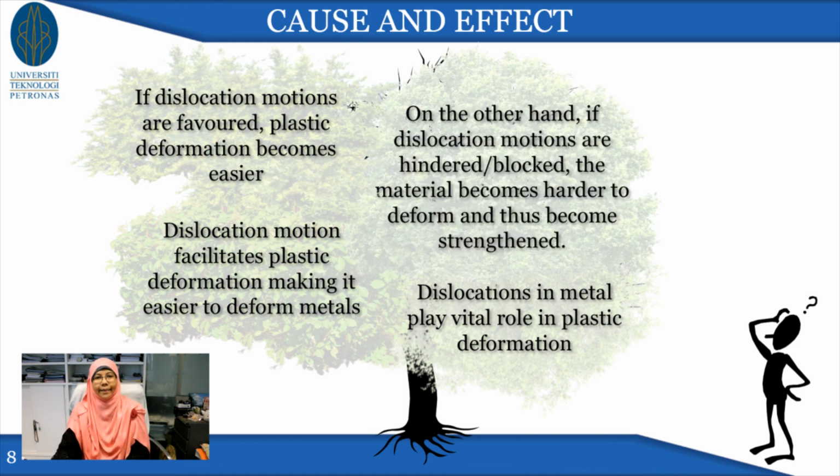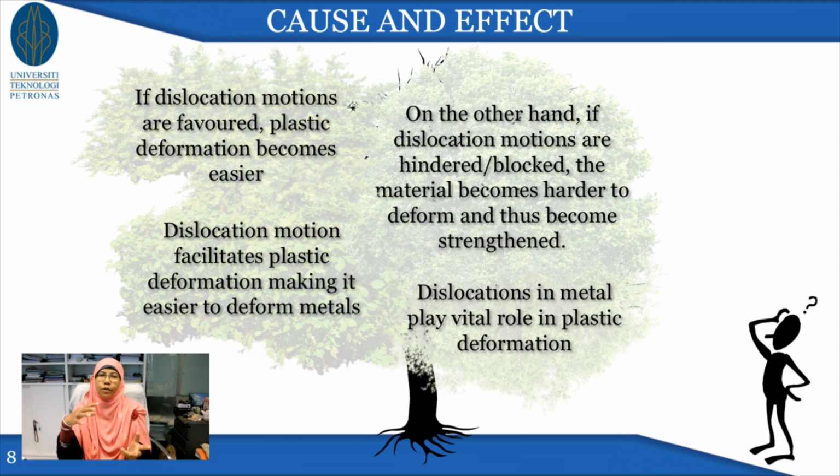On the other hand, if the dislocation motions are impeded, hindered, or blocked in whatever ways you can think of, the material becomes harder to deform, and thus we say the material becomes strengthened.